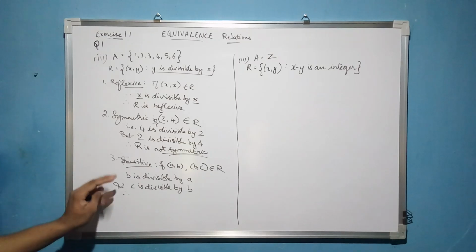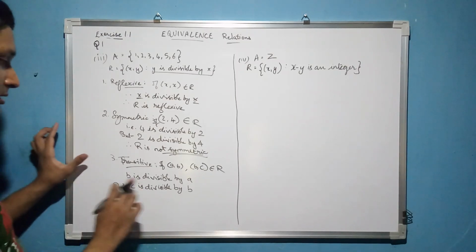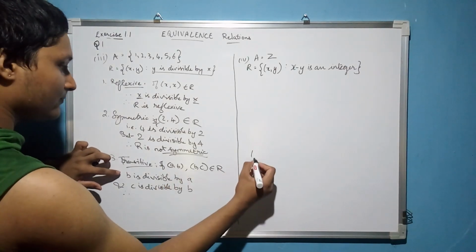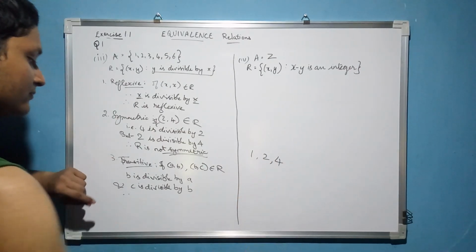Therefore, from this you can just see. I'll take an example and explain how it is true. So let me take a as 1, b as 2 and c as 4.